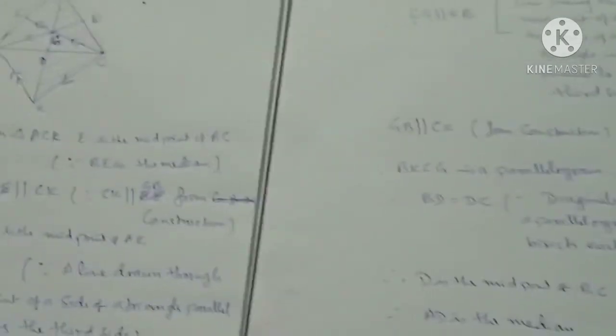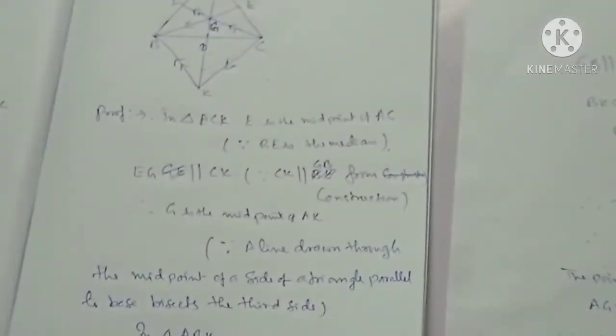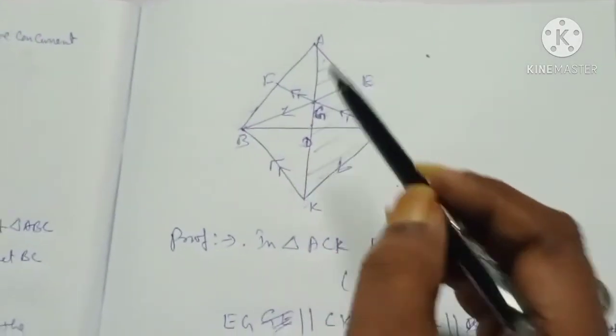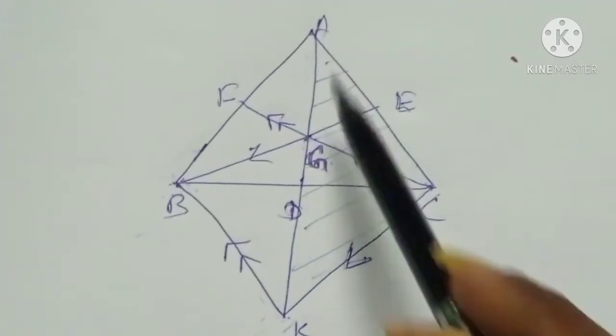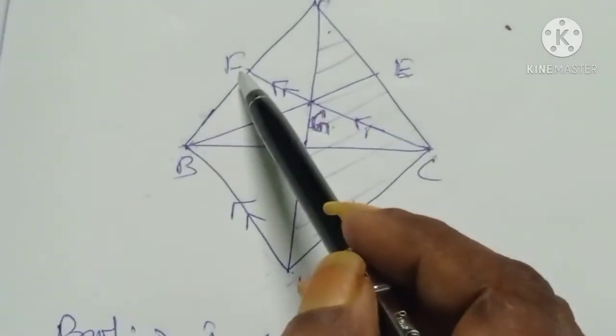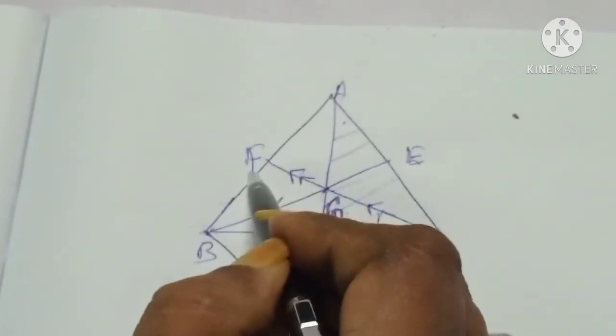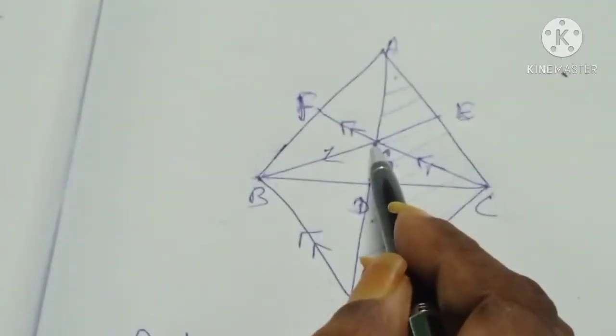So I am again explaining how we have proved it. Here you see ABC is a triangle, and the theorem states that the medians AD, BE and CF are concurrent. That means they pass through a point.